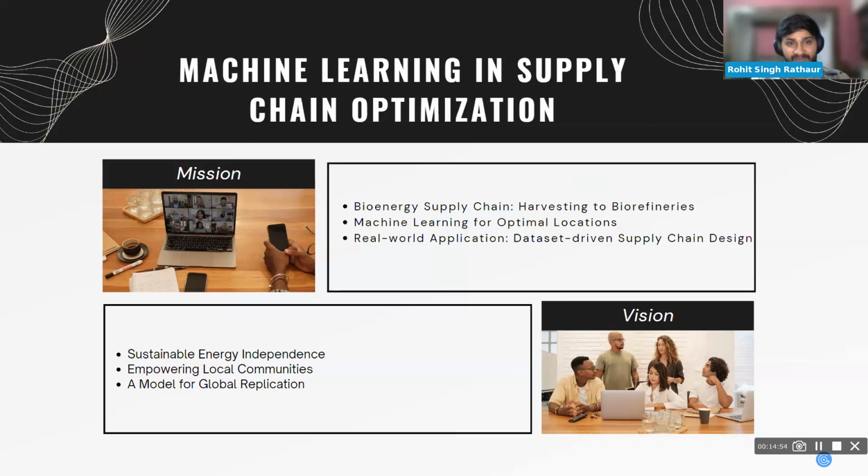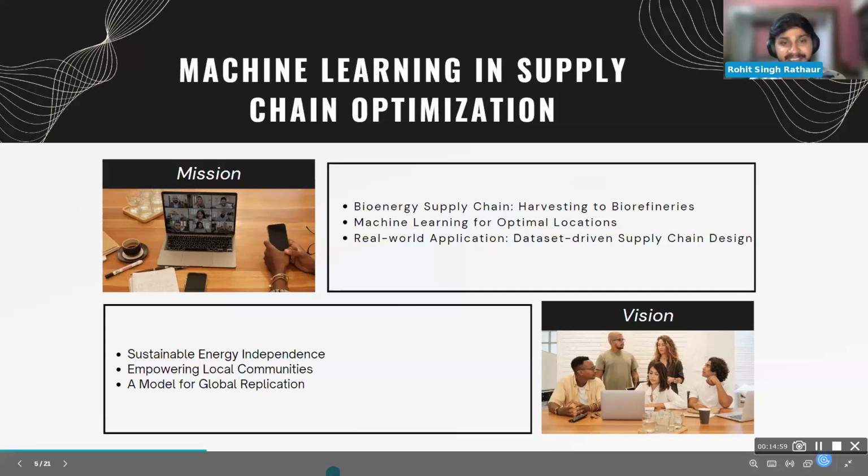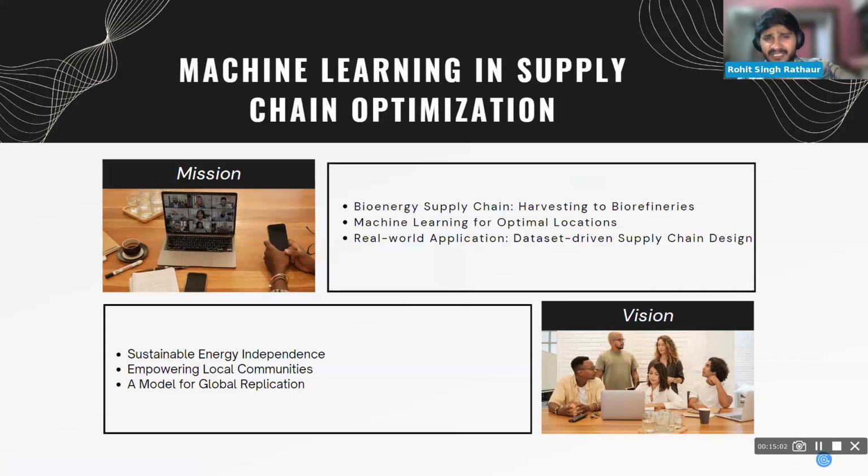Now if I talk about a model for global replication, our vision extends beyond the boundaries of Gujarat. We were trying to build a model that, once successful, can be replicated globally. By showcasing the power of predictive analytics and machine learning in sustainable energy production, we aimed to inspire and guide other regions in adopting similar practices.